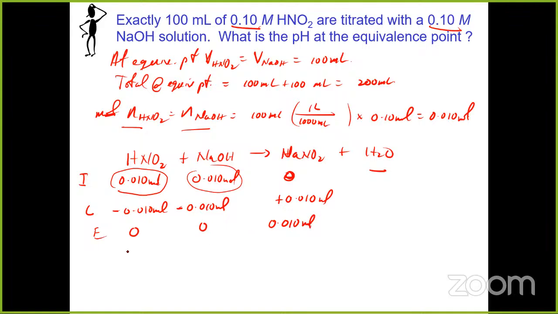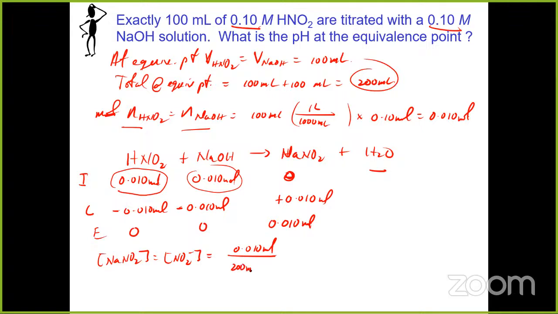So the next step is to find the molarity of the sodium nitrite, which, by the way, is the same thing as the molarity of the nitrite ion, which is what we really need. And that would be equal to 0.010 moles divided by the volume. Now, what's the volume? Remember, we mixed both of them together. So the final volume is what we calculated here, which is 200 mL.